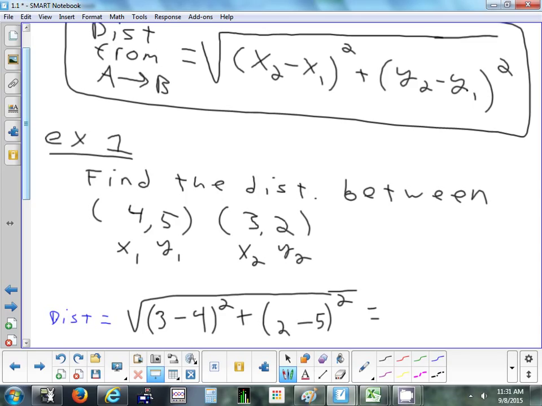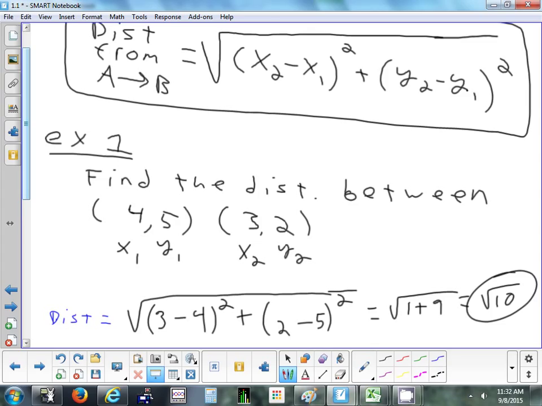Here we've got negative 3. Still, when you square it, it is positive 9. Okay, so we get the square root of 3 minus 4 is negative 1. And Chris, what's negative 1 squared? 1. Okay, we just said 2 minus 5 is negative 3. Squared is 9. And there's our distance, square root of 10.